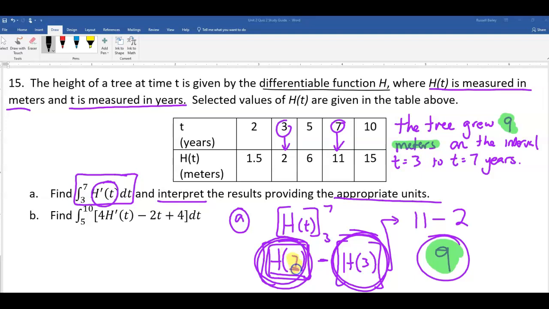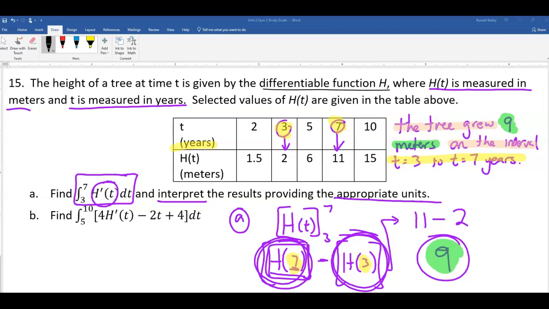Those are the things that you plugged in here. Well, the 7 and the 3 are years. So I've got my input units there. You also want to explain what it means in the context of the problem. It's telling us that the tree grew that much. Okay, so that's the 3 parts: the input units, the output units, and also the interpretation or the context of the problem.